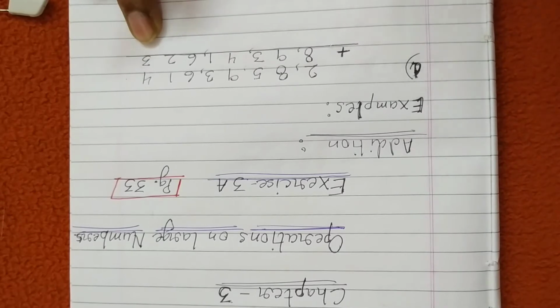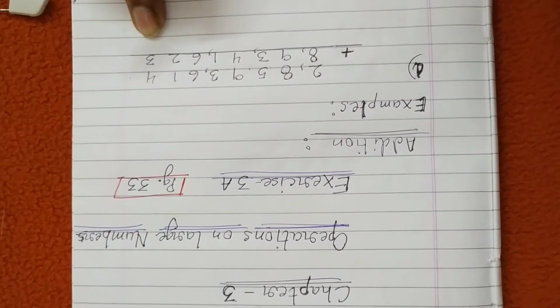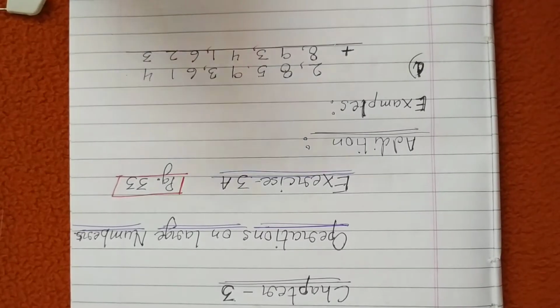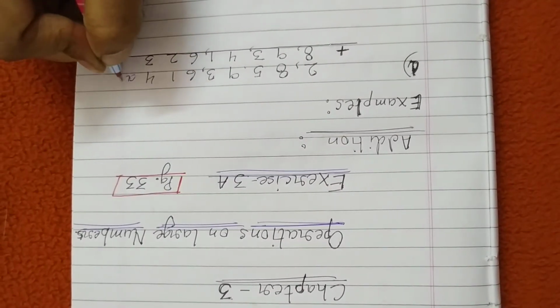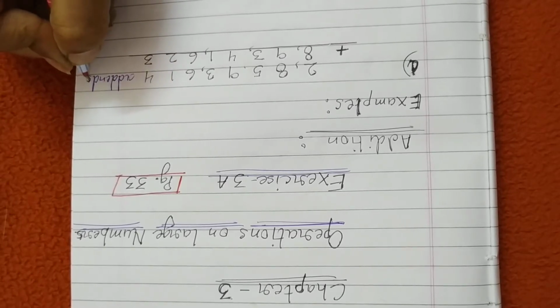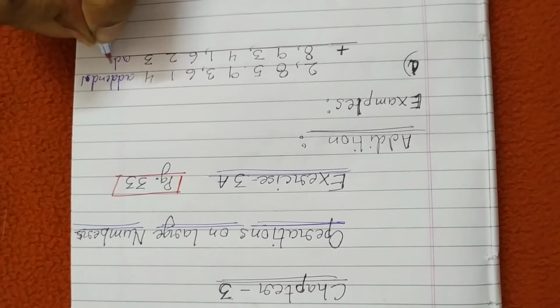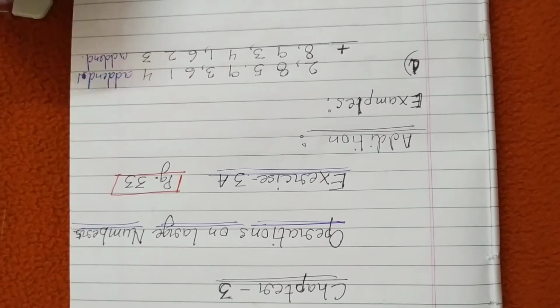So children, the numbers that we add, we call addends. This is addend 1 and this is addend 2.